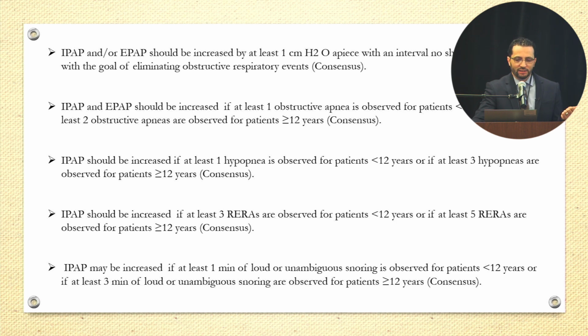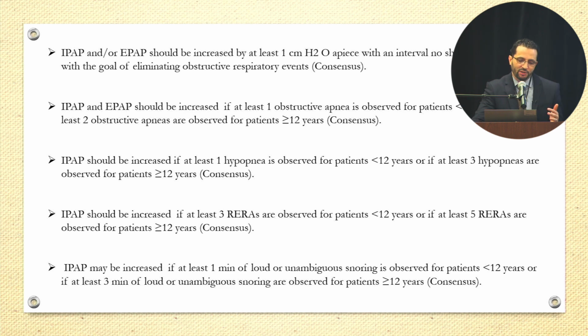So the indications again: 1 obstructive apnea for children, 2 obstructive apneas for patients who are older than 12. You have 1 hypopnea for children, but 3 hypopneas for patients who are older than 12 years old.